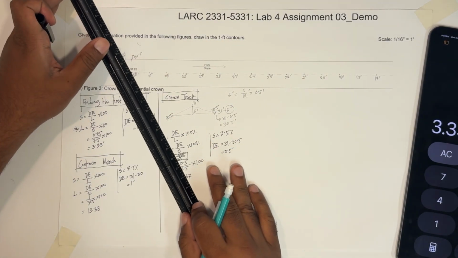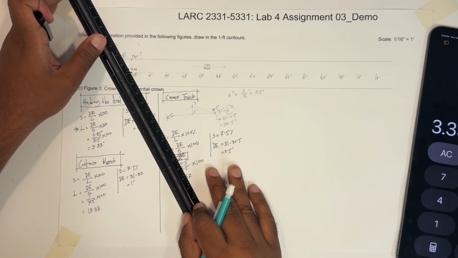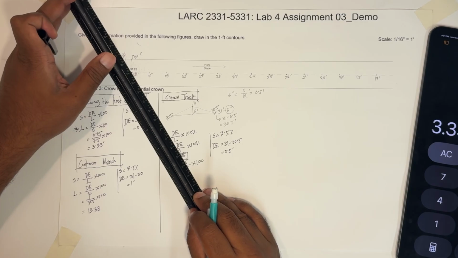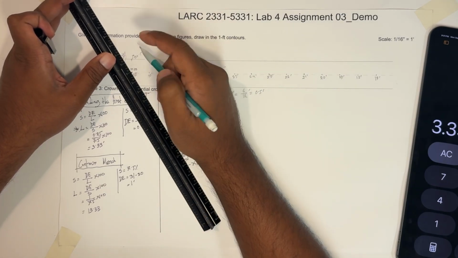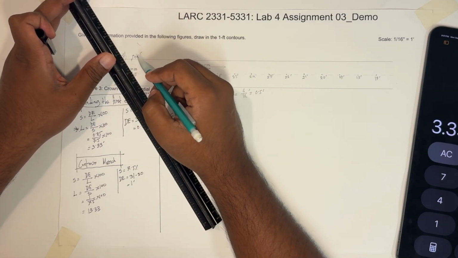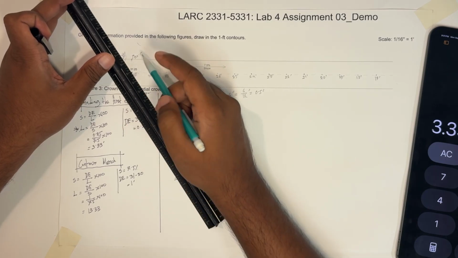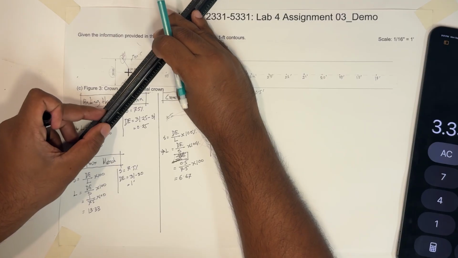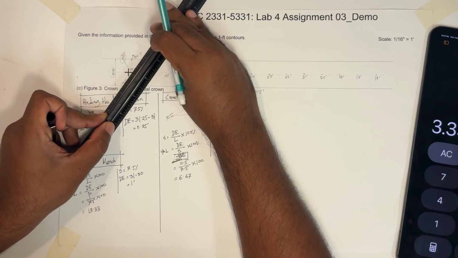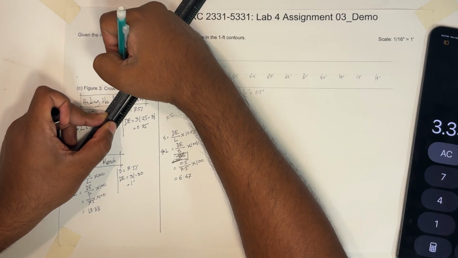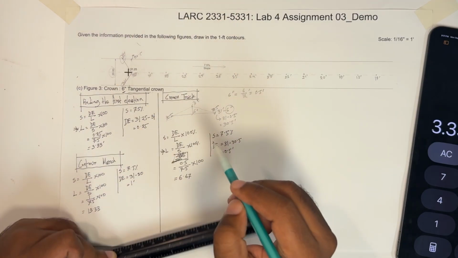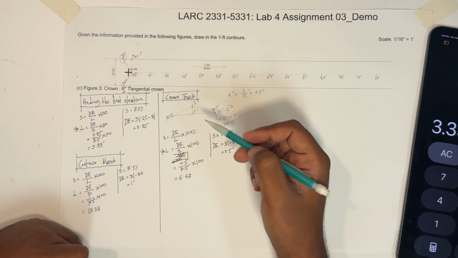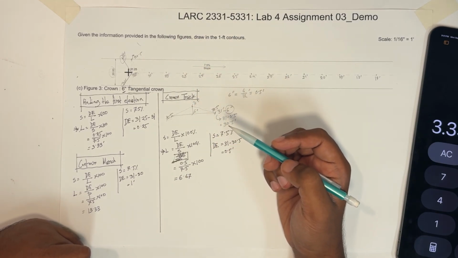And let's just connect this with the dots. So this V-shaped line is gonna be our 31 feet contour line.